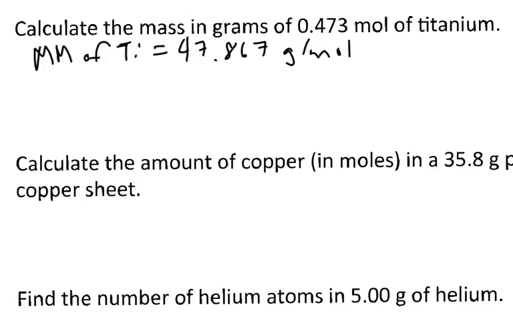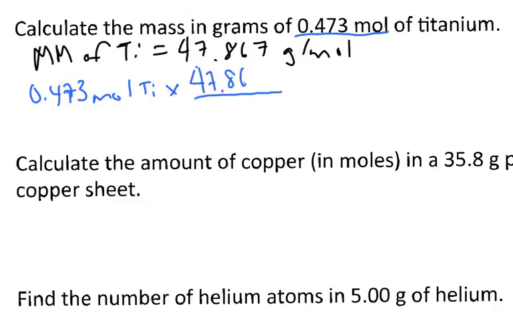So, in order to solve this problem, you're going to start with your given unit, which is moles, and then you're going to set up your conversion factor. So 0.473 moles of titanium times 47.867 grams of titanium.